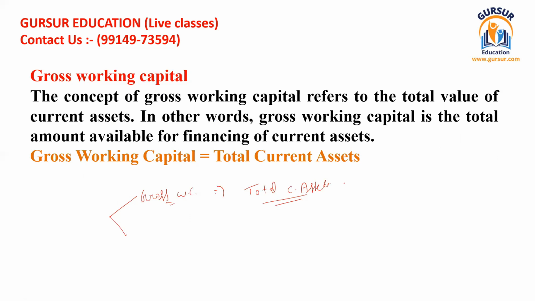These current assets involve many things like your cash, your bank, your sundry debtors, your bills receivable, your short-term securities, and all the related things to that. If you make the sum of all these items, that sums up to be your total of current assets, and that is also known as your gross working capital.